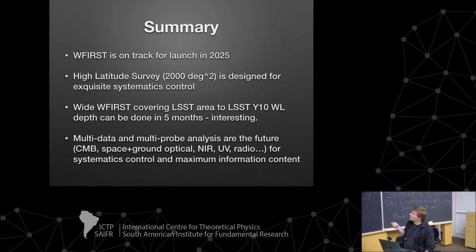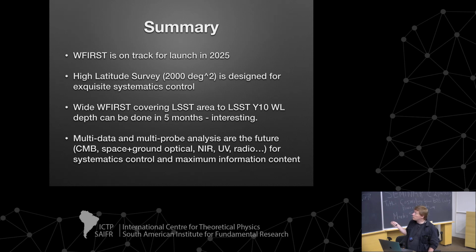But the nominal survey is currently 2,000 square degrees, and it is designed for exquisite systematics control, because that's what you get with these 4 different bands. But if you want to do something wide, you can cover LSST area to LSST weak lensing depth in just 5 months. And that's very interesting.